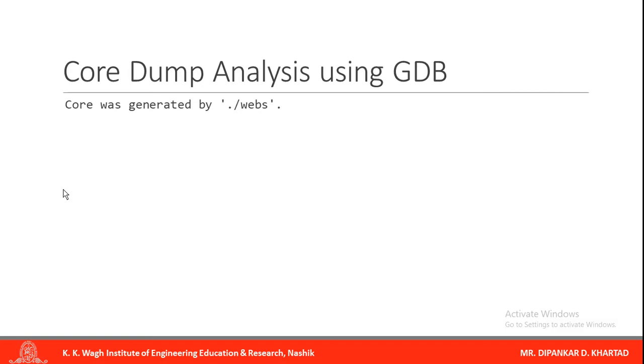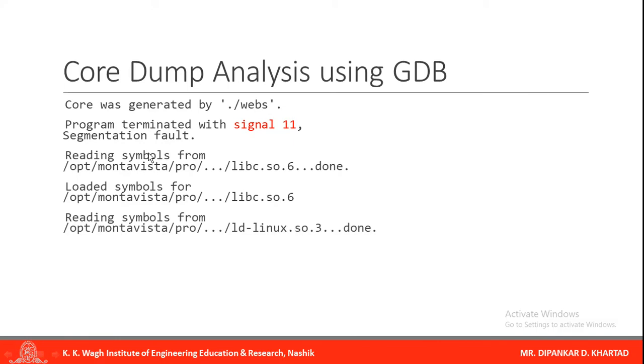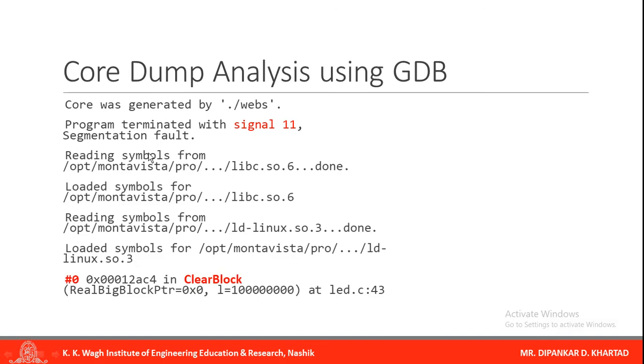The core was generated by ./wbs. Now the program is terminated with signal 11. So how and why is it terminated? Let's talk about it. Concentrate on this line. This is also a very useful line.